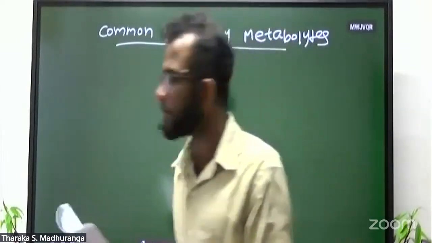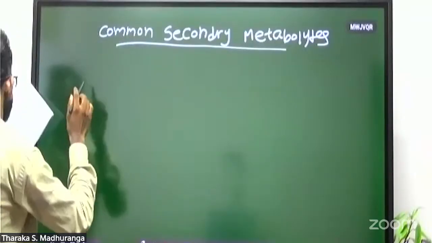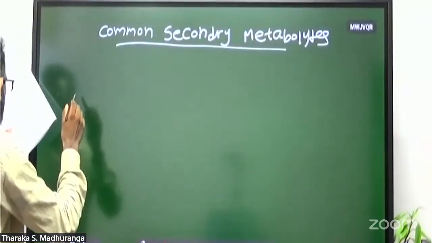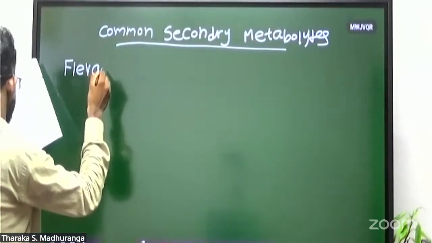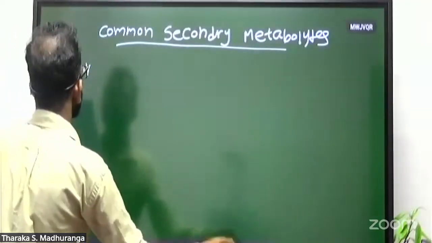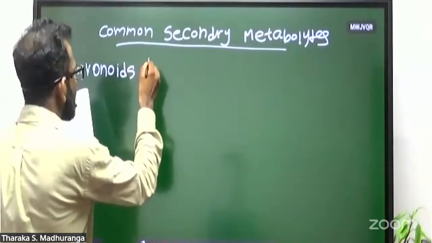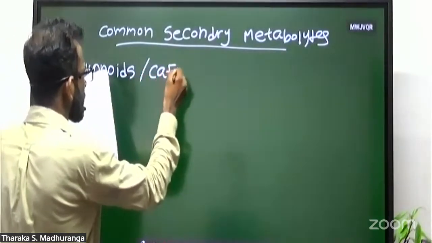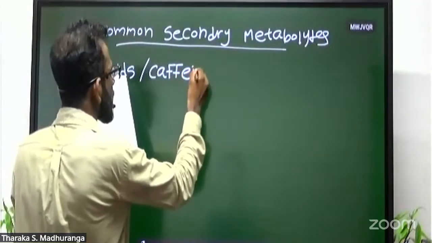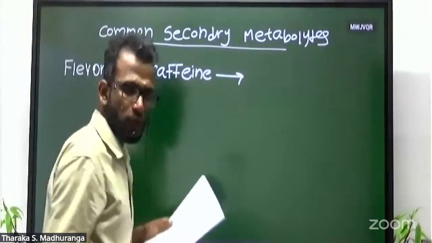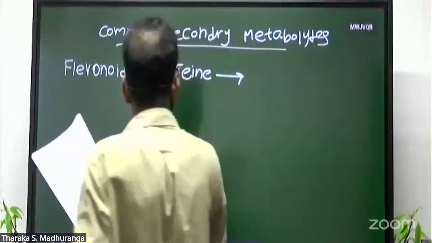Okay, if you want, I will write down the important terms. Flavonoid and caffeine. The source only you need to remember. Okay, Arshad, that is tea.